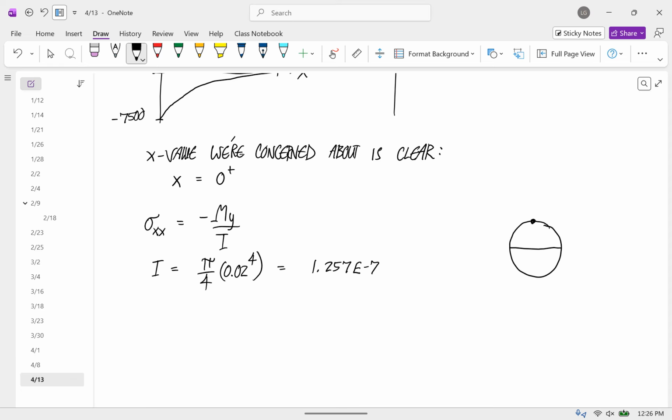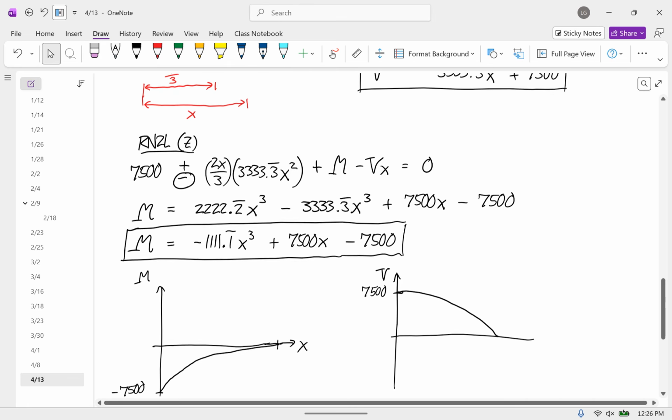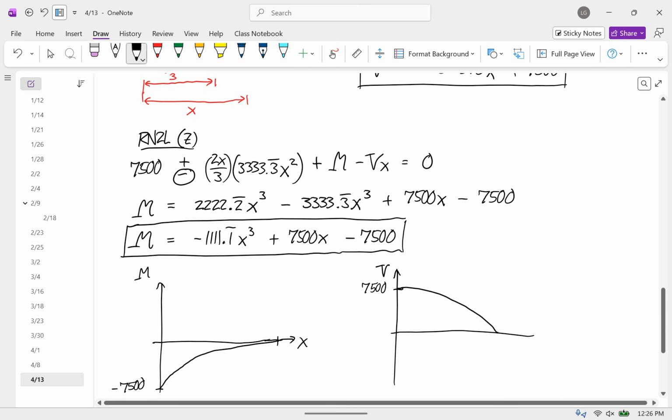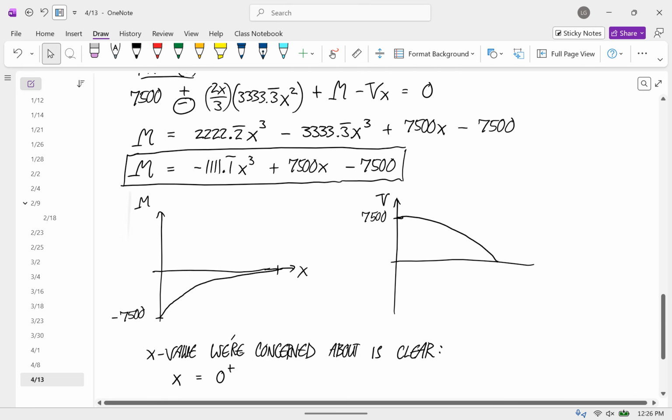So we're worried about this point when x is equal to 0. And at this point, our y is equal to 1 times the radius, so 0.02. Our M at x equals 0 is negative 7,500.